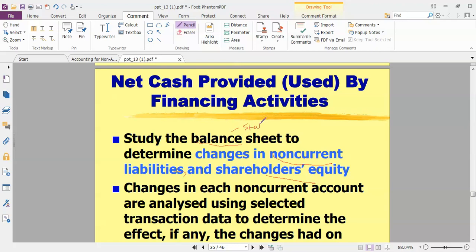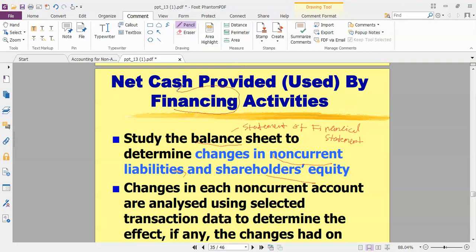Another name for balance sheet, you must know, is statement of financial position. So when there is a difference between the non-current liability and also shareholders' equity, you should put it in the financing activity.